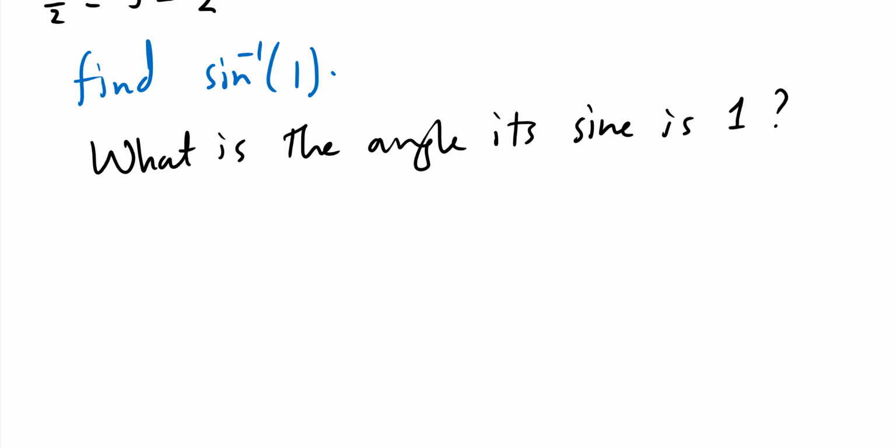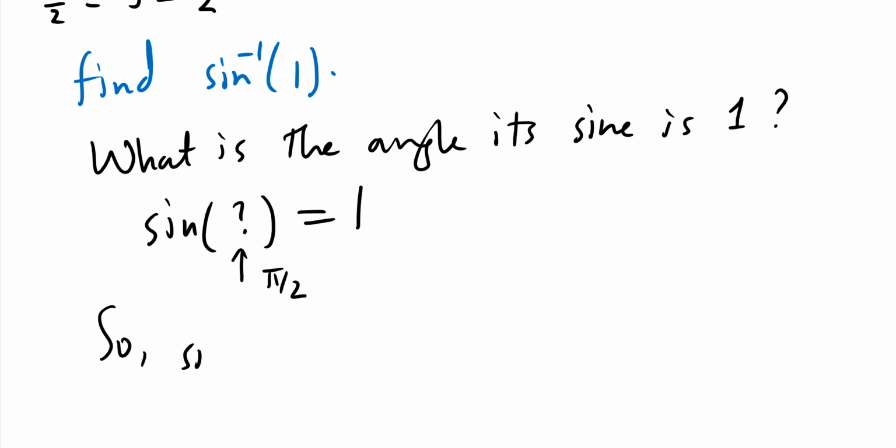I would like to find the smallest positive angle, if possible, whose sine is 1. What angle goes here to give me 1? We should know from before that that is 90 degrees or pi over 2 radians. So sine inverse of 1 is really pi over 2.